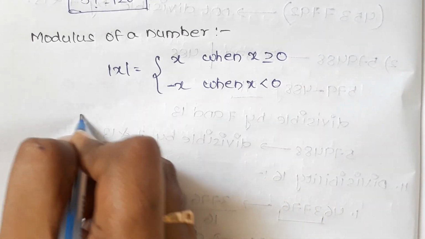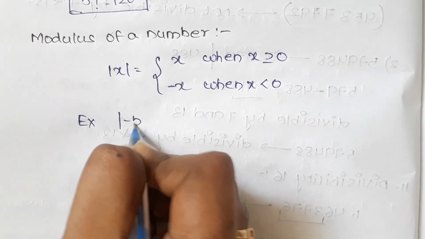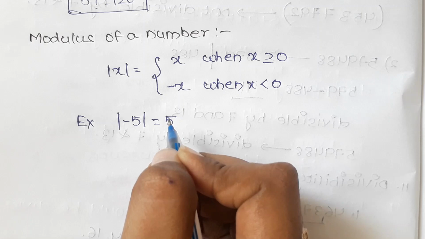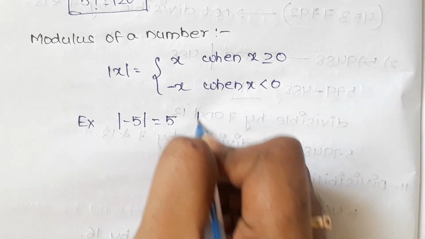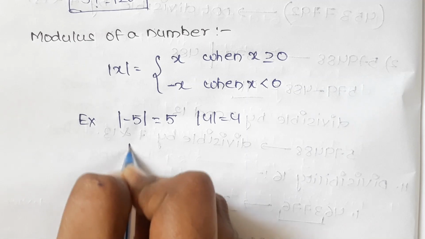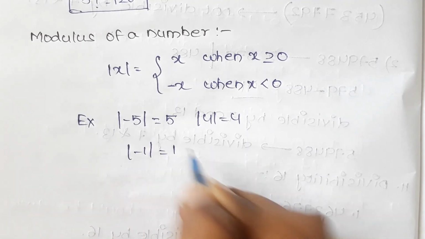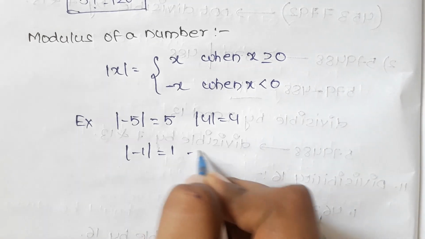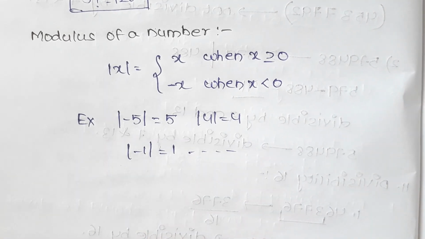For example, modulus of minus 5 is nothing but 5, and modulus of 4 is nothing but 4, and modulus of minus 1 is equal to 1. And so on. And this is about the modulus of a number.